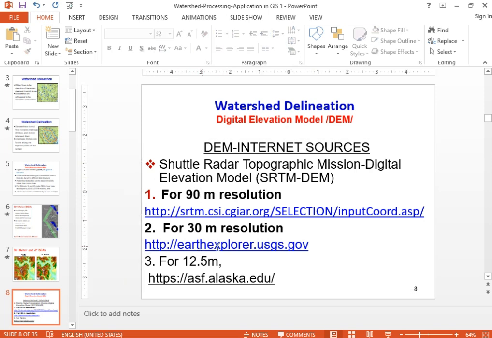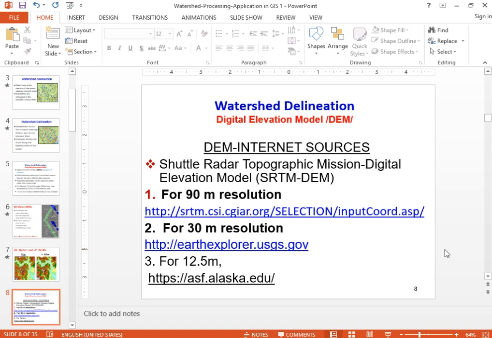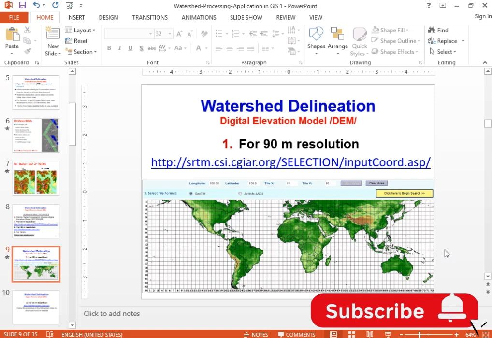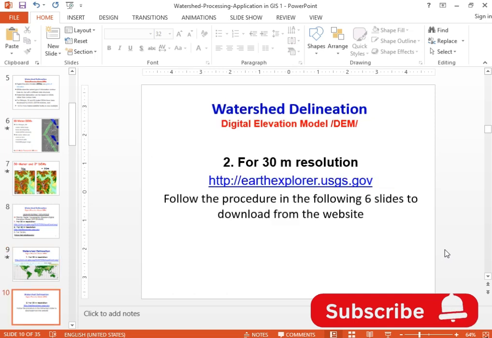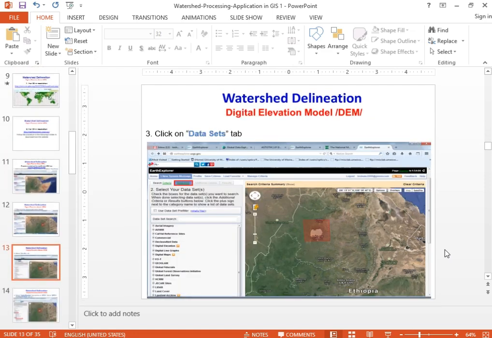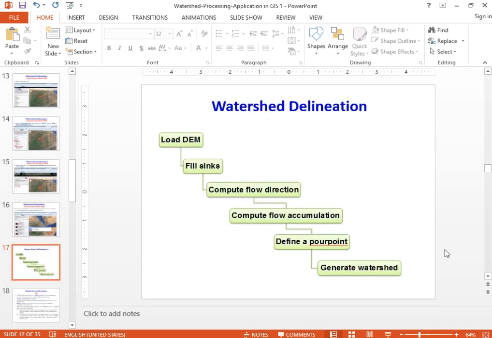In addition, from Earth Explorer, we can get 30 meters. And from the Alaska Satellite Facility, you can access the 12.5 meter resolution DEM. Those are the websites where you can access the elevation models.